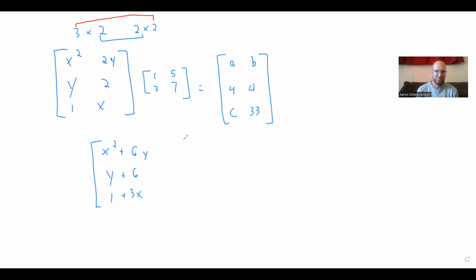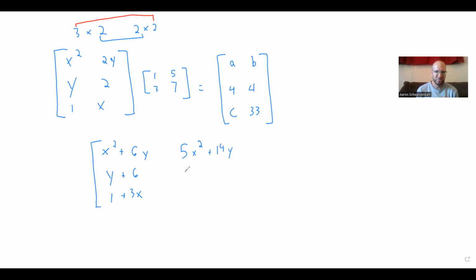Now we're looking at column 2, where I'm going to take, again, row 1, column 2, x squared and 2y times 5 and 7. So x squared times 5 is 5x squared plus 14y. That's 2y times 7.